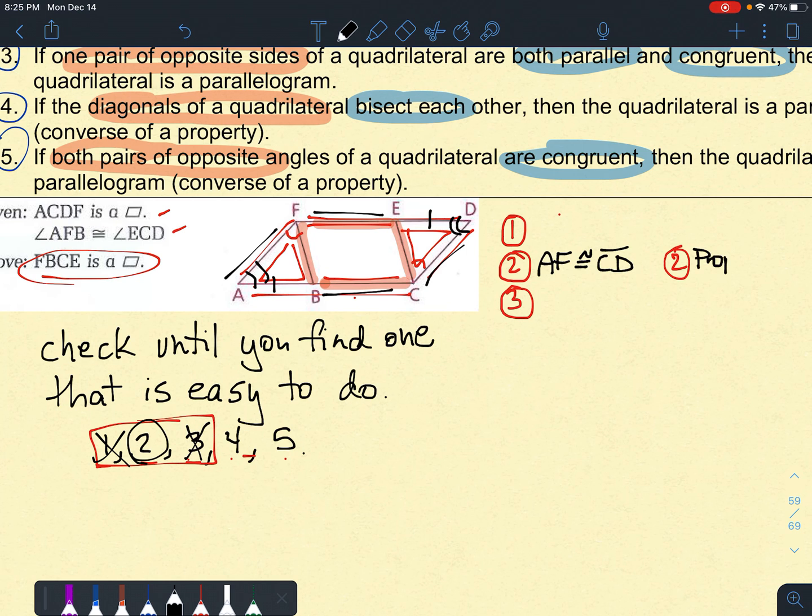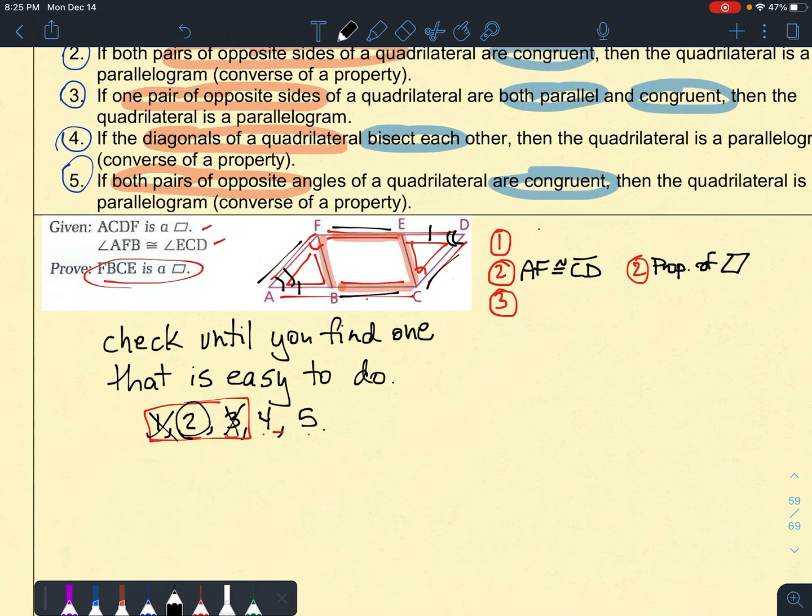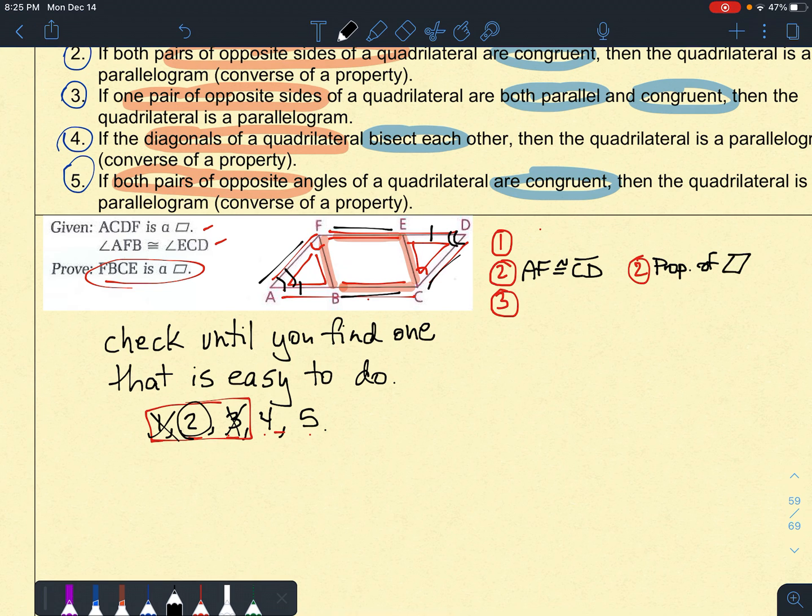And that's a property of parallelograms, since we have a parallelogram, right? Number 3. We're given the one angle, and now we need to say angle A is congruent to angle D. And that is because, again, another property of parallelograms.